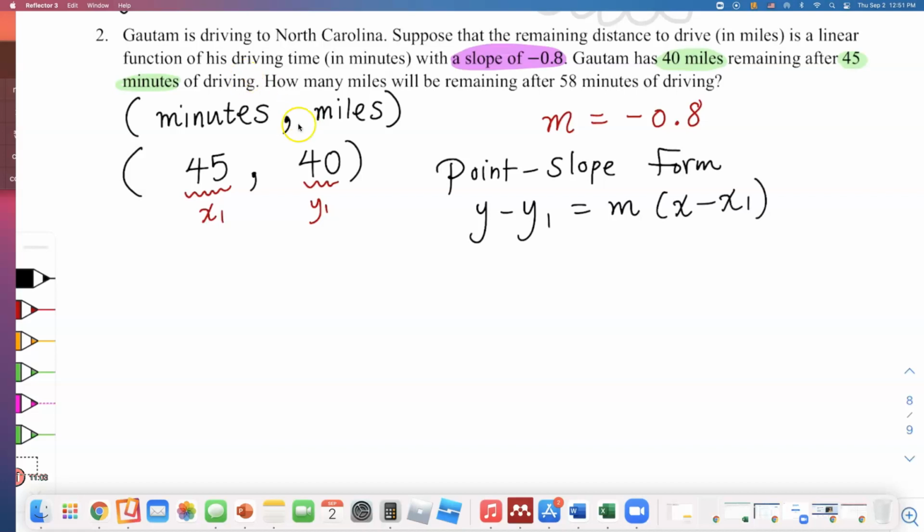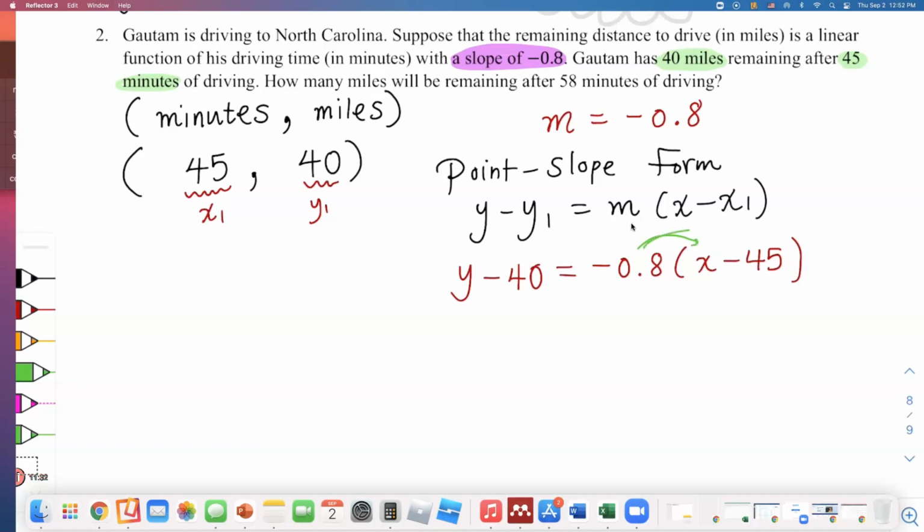And like I showed you on the previous example, if you just divide both sides by this factor, that turns into a slope formula, right? Okay, but let me plug in everything I have. y minus 40 equals negative 0.8 times x minus 45. I'm going to go ahead and solve for the equation, but after that I'll plug in.